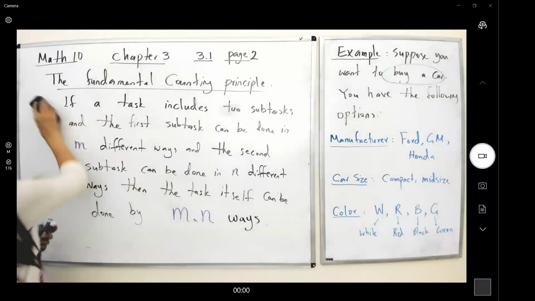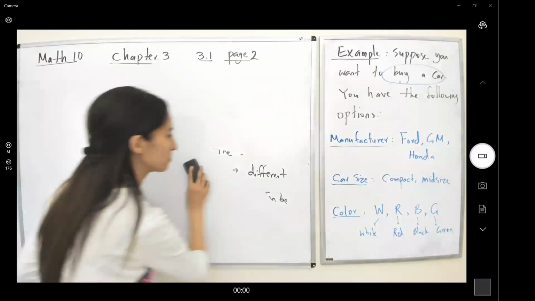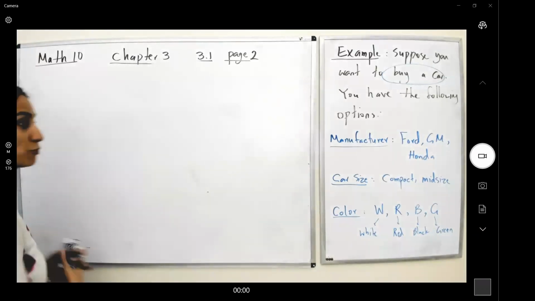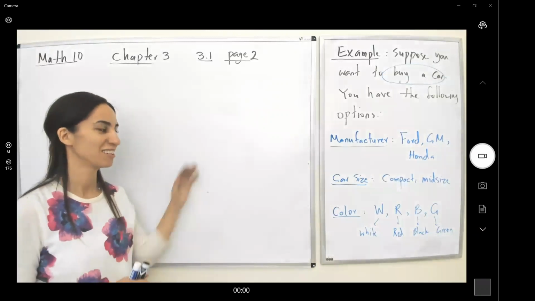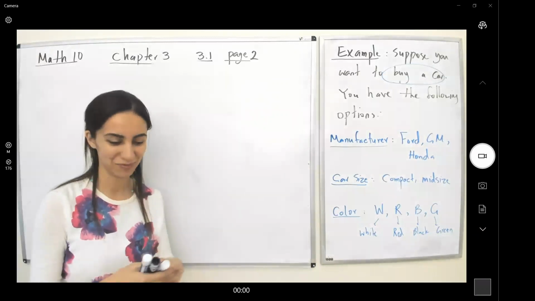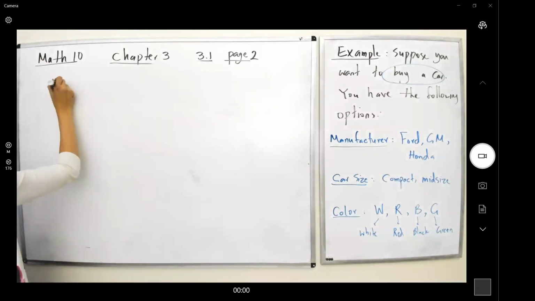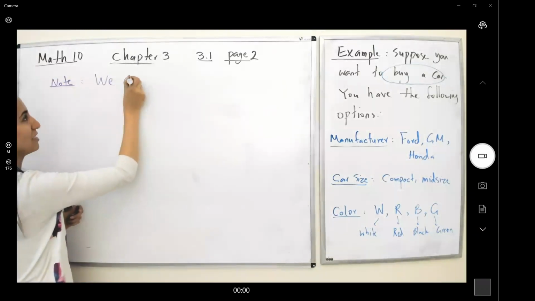What do you think? Would it be 9 ways? So what's the fundamental counting principle? 24. Okay.